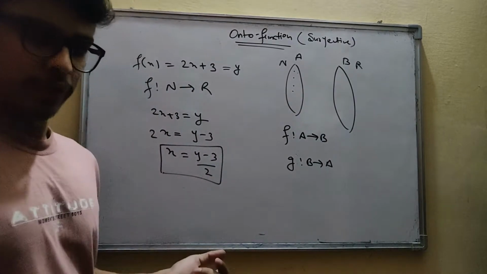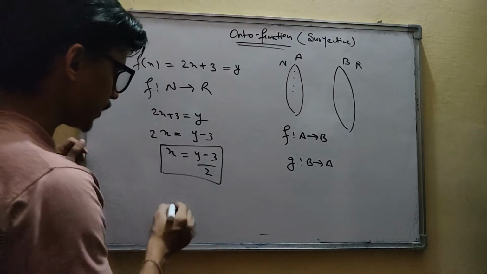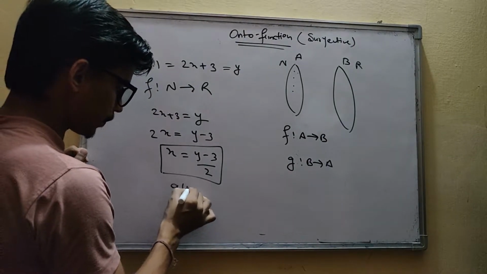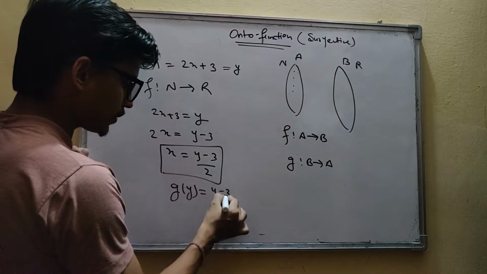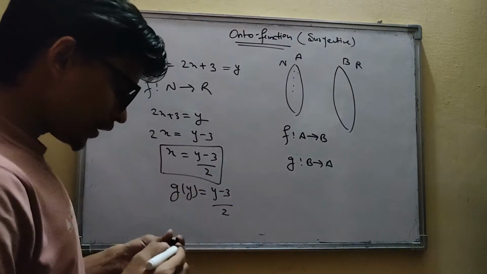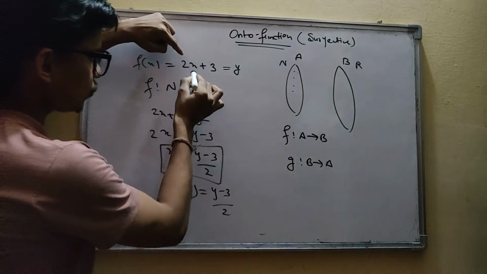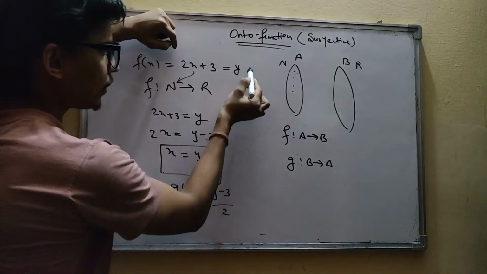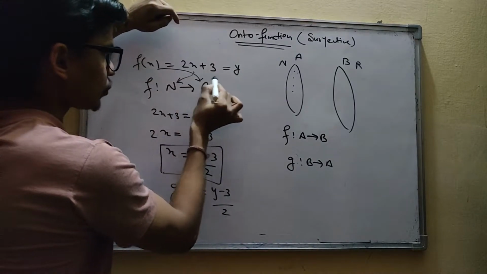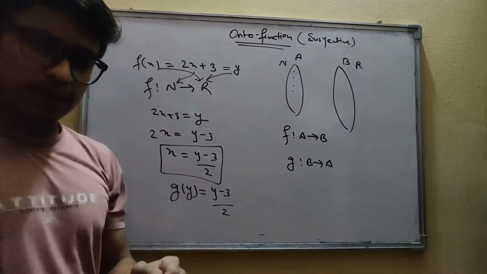Now it is a new function, right? You can say that g(y) is going to be (y minus 3) upon 2. And if you try to understand, here x belongs to natural numbers and y, or f(x), both belong to R. That is what it means by range, right?